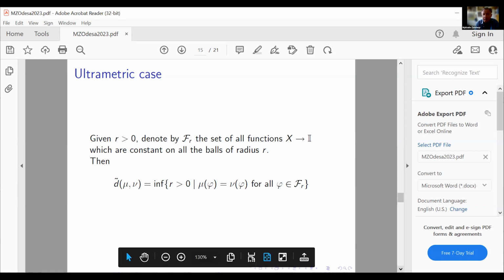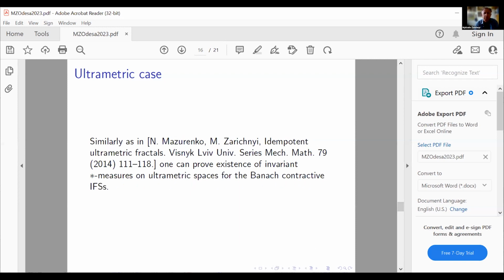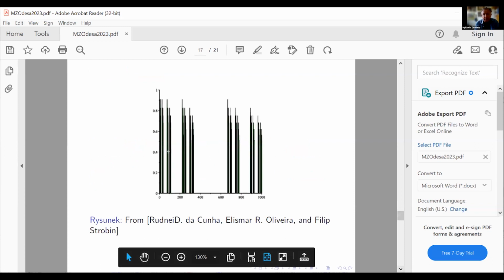Well, and similarly as in the paper of Mazurenko on idempotent ultrametric fractals, one can prove existence of invariant star measures on ultrametric spaces for the Banach contracting IFSs, iterated function systems. And here we have a picture.